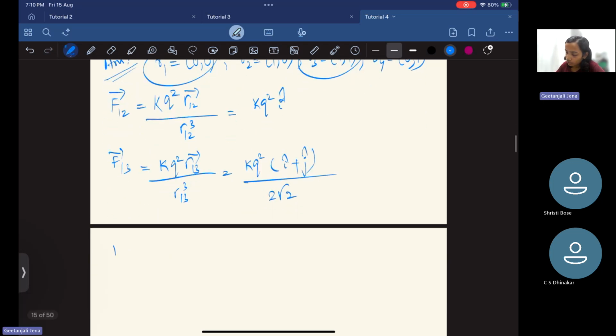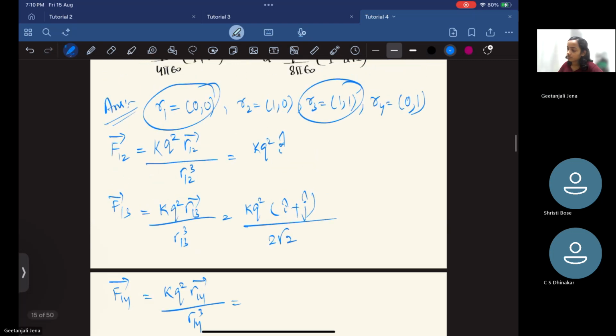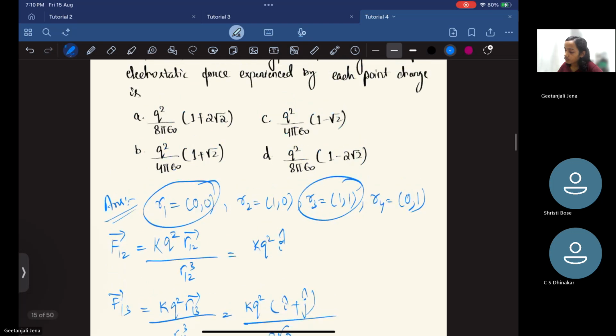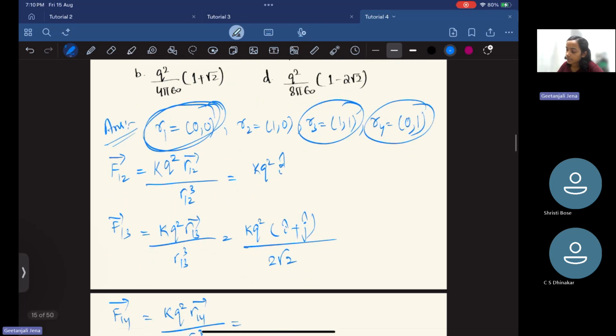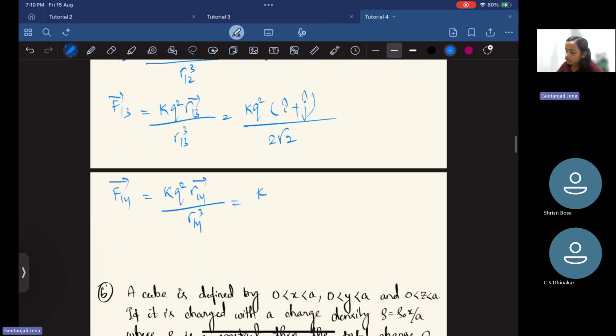Similarly, F14 is KQ square R14 by R14 cube. So 1 is 0001. So this will give JK. So this is KQ square JK.